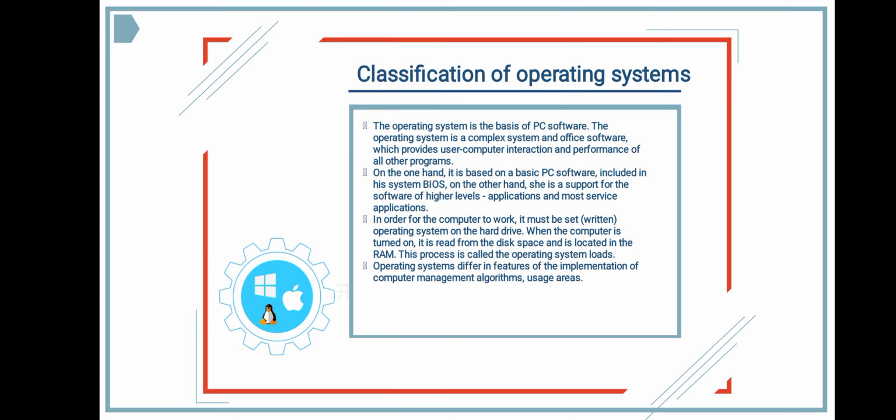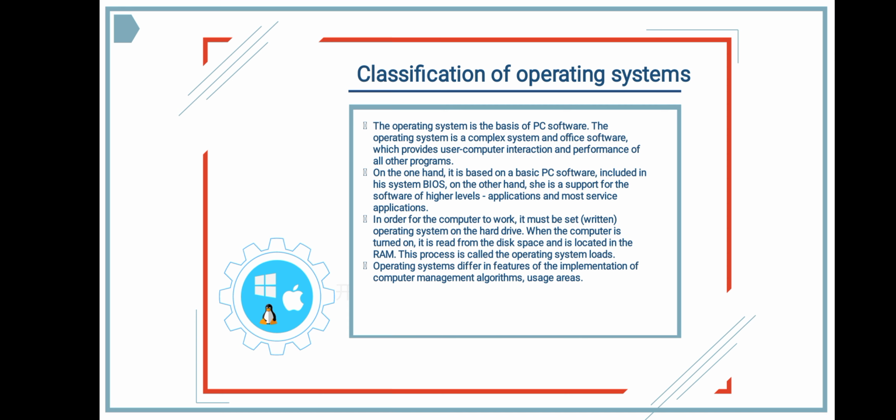Classification of operating systems. The operating system is the basis of PC software. The operating system is a complex system of service software which provides user-computer interaction and the performance of all other programs. On the one hand, it is based on basic PC software included in the system BIOS, the basic input-output system.